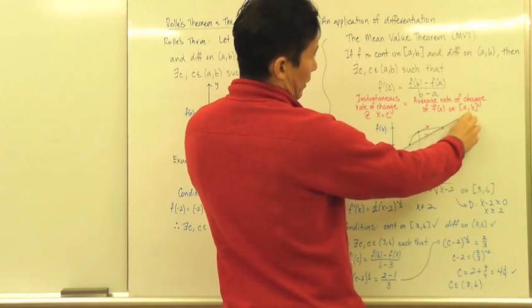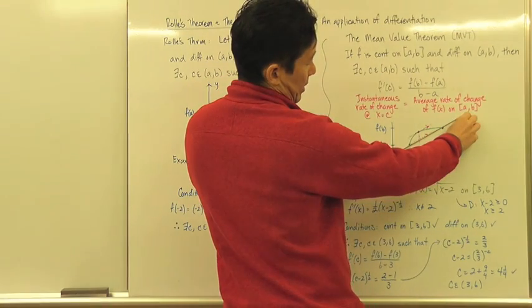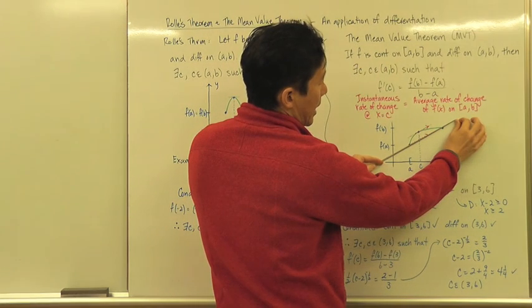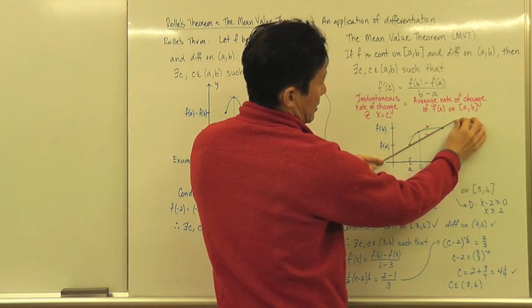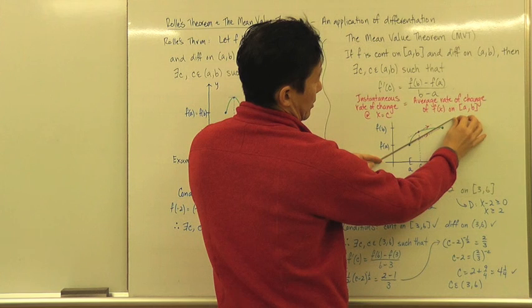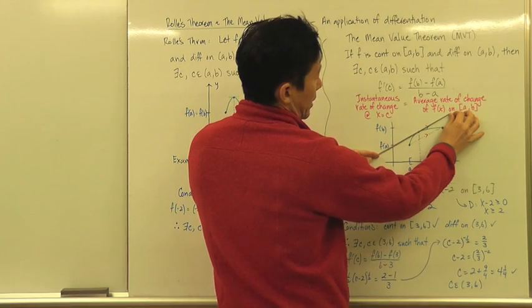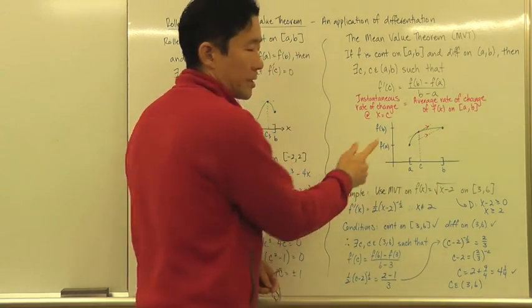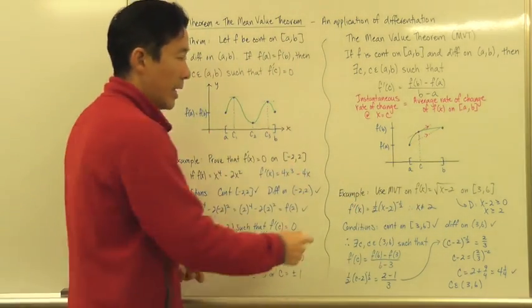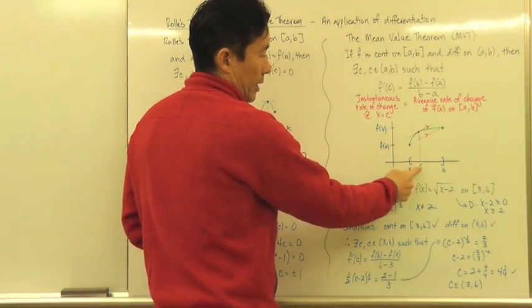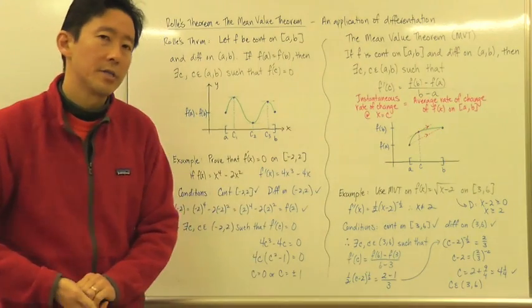Right there, that would be my average rate of change. Now if I maintain this gradient and just move it along the curve, I'm going to find that there's a point on the curve such that the instantaneous rate of change is equal to the average rate of change. And that's where that is. So if I draw a dotted line on here, that's the particular value c that we're looking for.